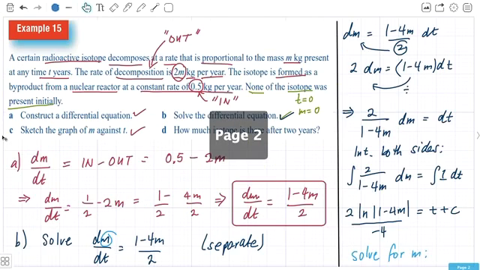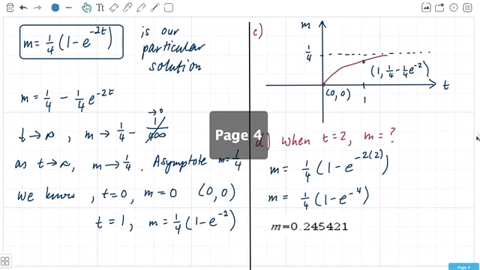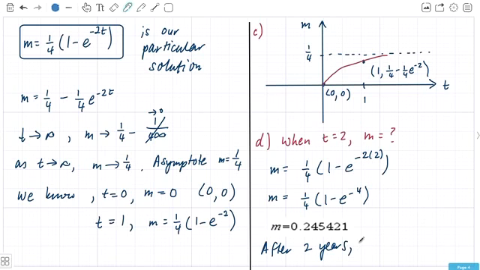So it's always worth going back and making sure we know what we're actually doing here, which is m in kilograms, and t in years. So what we could say at the end is, after 2 years, approximately 0.25 kilograms of isotope exists.